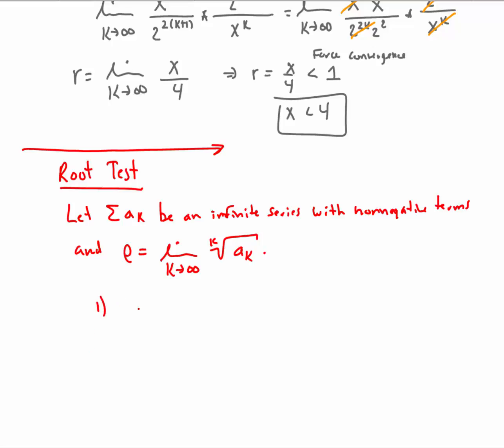If rho is between 0, with equality at 0, and 1, then the series converges.